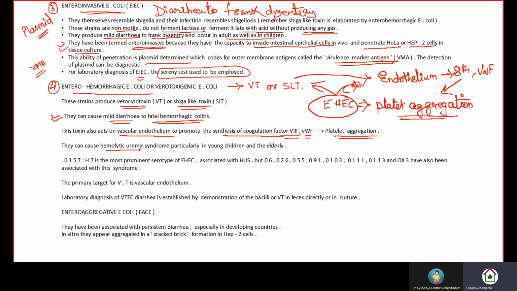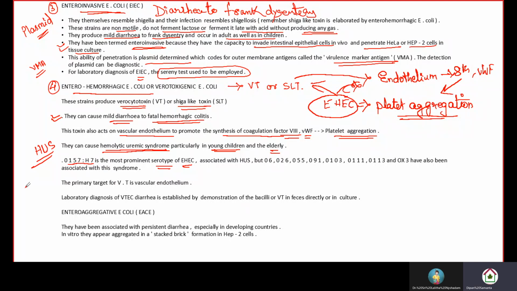They can cause hemolytic uremic syndrome, particularly in young children and the elderly. Hemolytic uremic syndrome. The most prominent serotype of EHEC is O157:H7.